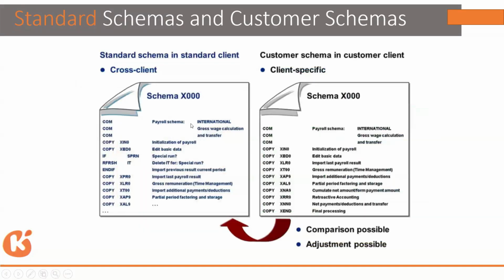So here you can see there is a standard schema and then there is a customer schema. The customer schema is nothing, it's just a copy of your main schema. What is the purpose of a copy schema? You modify it as per your requirement. And why don't we make changes to the standard schema?